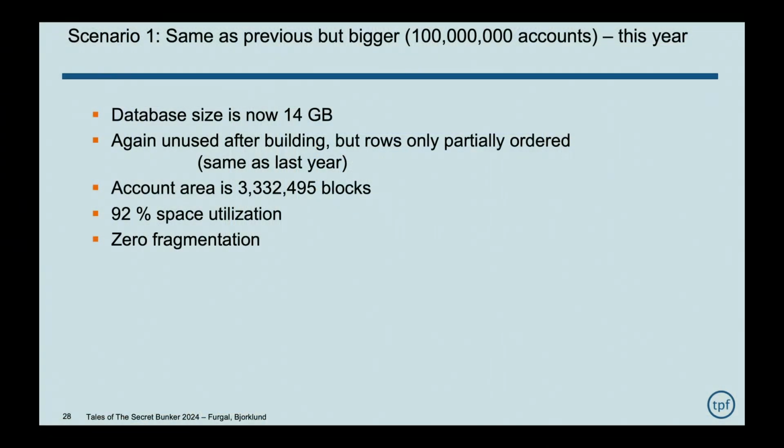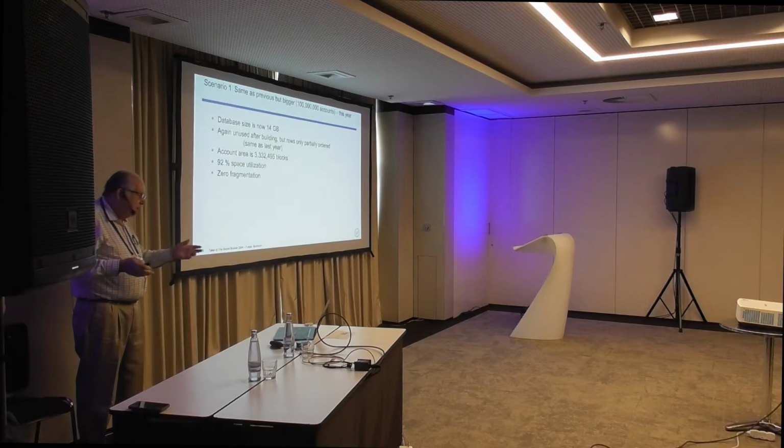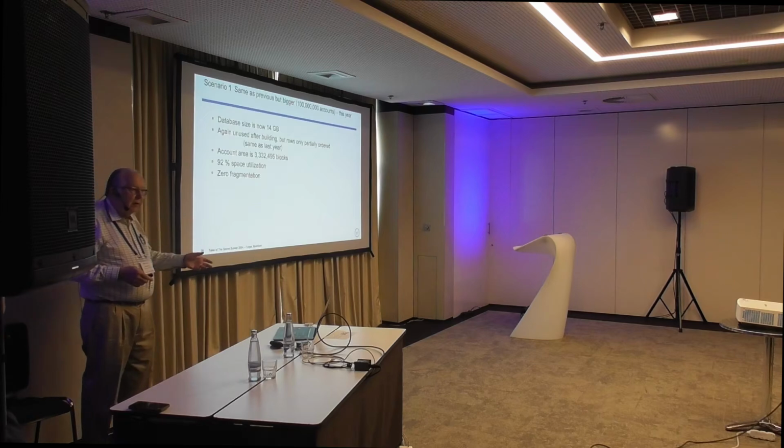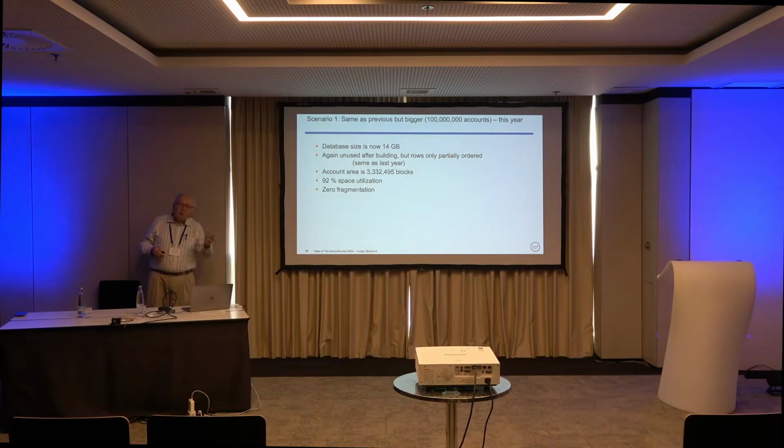Now, I did some further tests this year just to see if I got anything interesting with the newer version. So I made a bigger database. This one ended up being 14 gigabytes instead of 1.4, which the first one was.